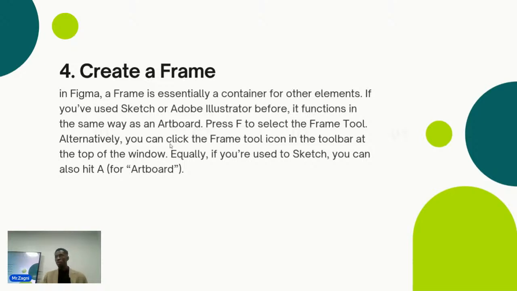F is just a shortcut, instead of using your mouse to go and look for the frame tool. So if you don't want to use the shortcut, which is pressing F, you just go to the frame tool icon in the toolbar at the top. You see, the frame tool is like a box. Then you can hit A.